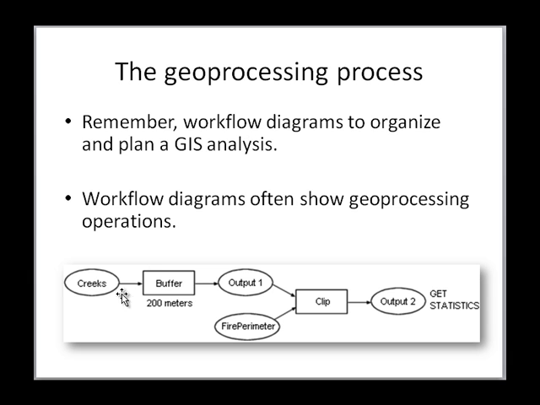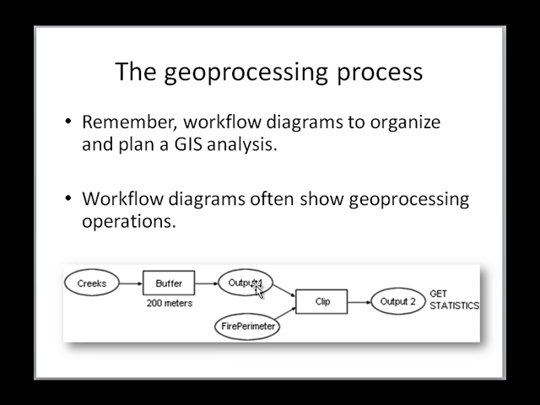They've got some creeks and they're buffering the creeks, and the output of that buffer is a polygon around the creeks. Then what they're doing is they're using that polygon around the creeks to clip the fire perimeter. So the output here is just the fire perimeter within 200 meters of the creeks. They've got this big fire perimeter and they want to find the fire close to the creeks, and so they buffer the creeks.